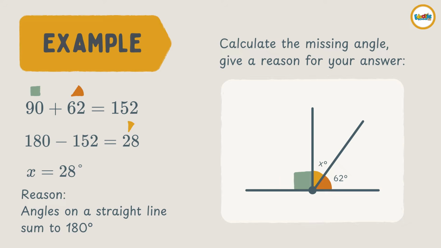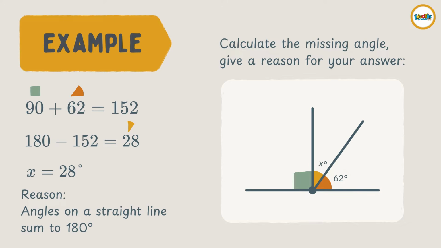So what's left over? To calculate this, I subtract 152 from 180. Or I could count on from 152 until I reach 180. Either way, the answer is 28. So therefore the missing angle, which in this case is represented by the letter X, is 28 degrees.